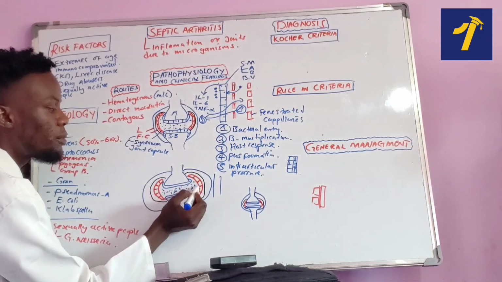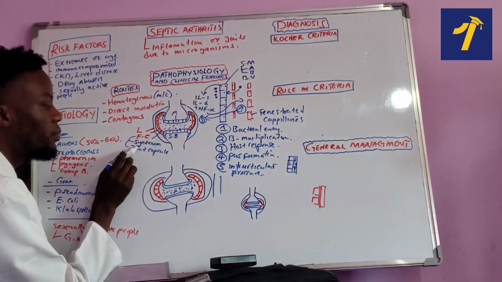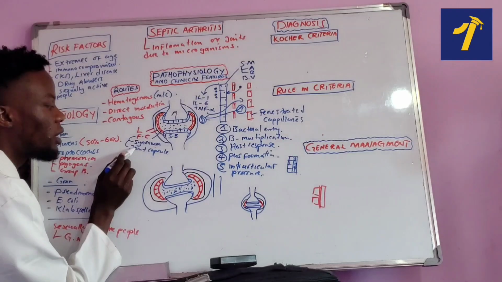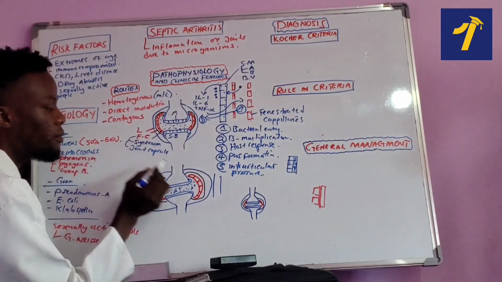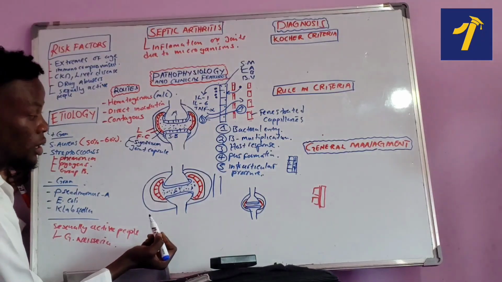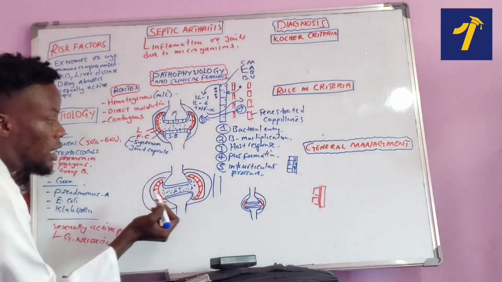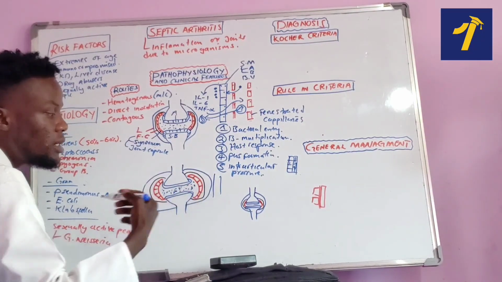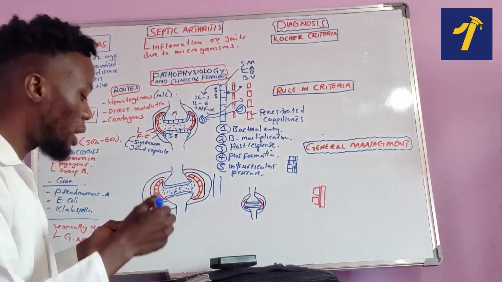The joint capsule. As you can see, the joint capsule is made up of the synovium and the fibrous capsule. They are going to be distended like that. And what else? If the synovium is being distended or compressed, remember that capillaries pass through the synovium.